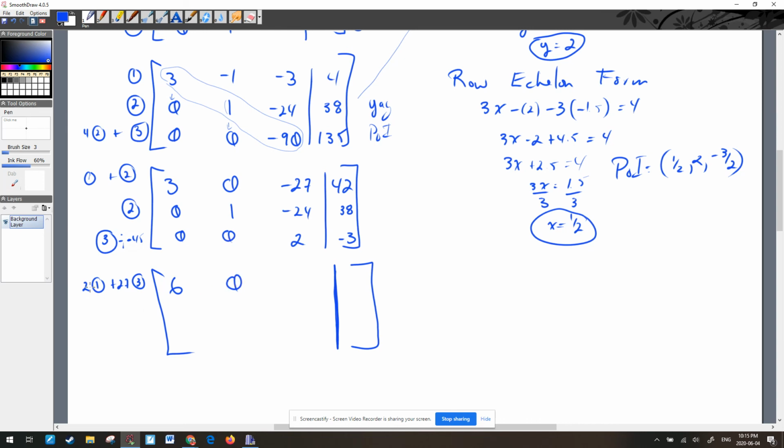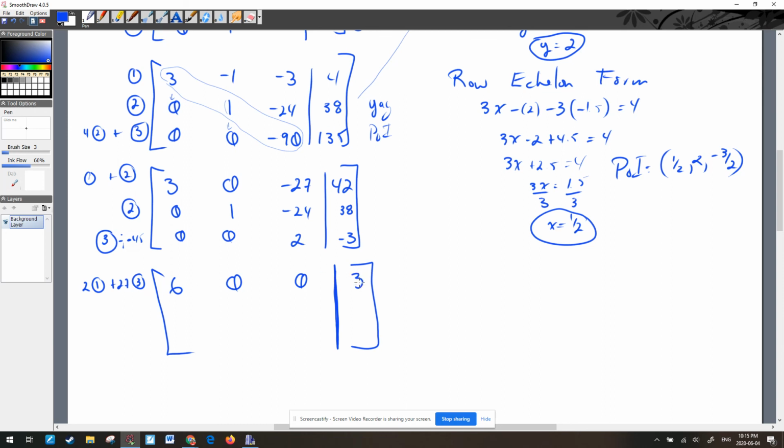Then 2 of negative 27 is 54, and 27 of 2 is 54. Add those up, we get 0. And then 2 of 42 is 84, and 27 threes is 81, and we add those up and we get 3.